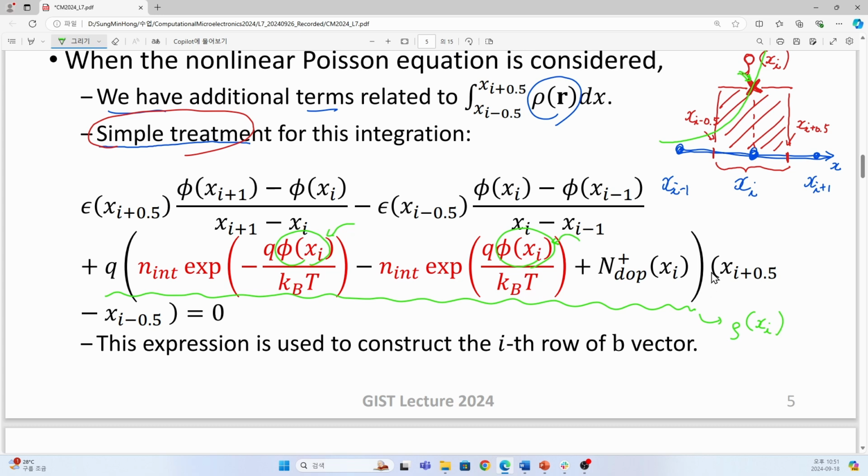Then we just multiply by something. Something is the length of our integration domain. So that was done in our simple approximation. This expression will be used to construct the ith row of our b vector. So we will discuss this once again.